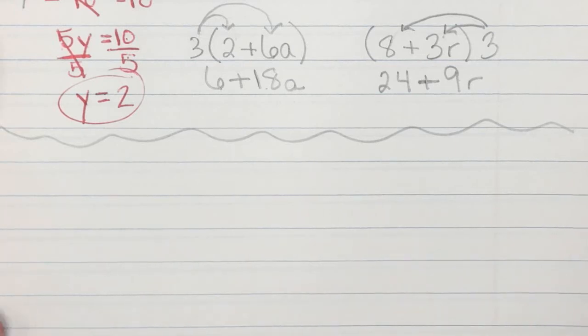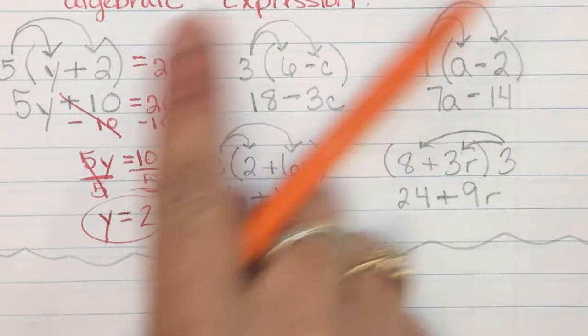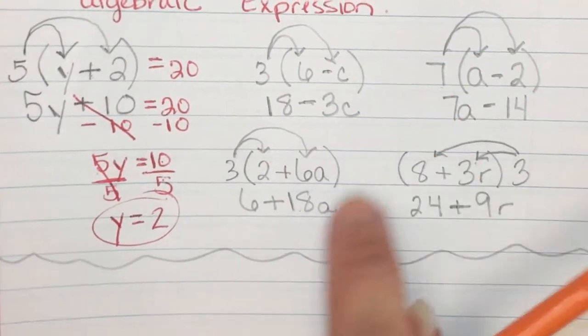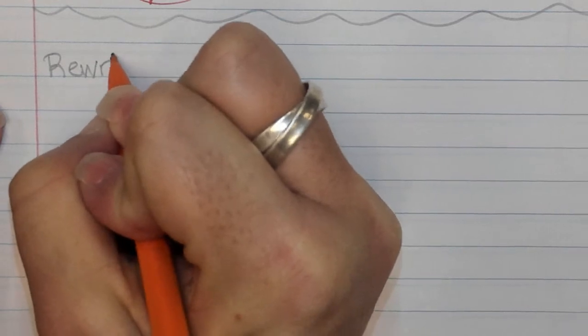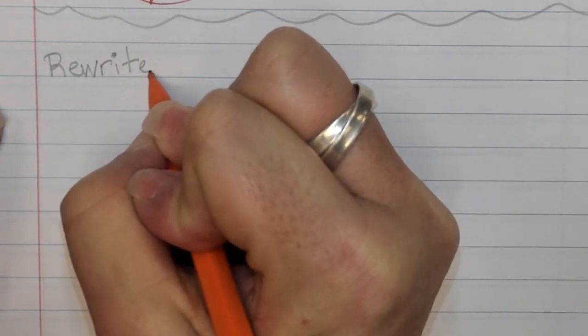Here is the other style. Okay, so this is one style of problem where you distribute it out. Now we're going to do what I call the opposite of it. You're going to have to find the GCF and kind of put it back together. Let's see. These directions will say this.